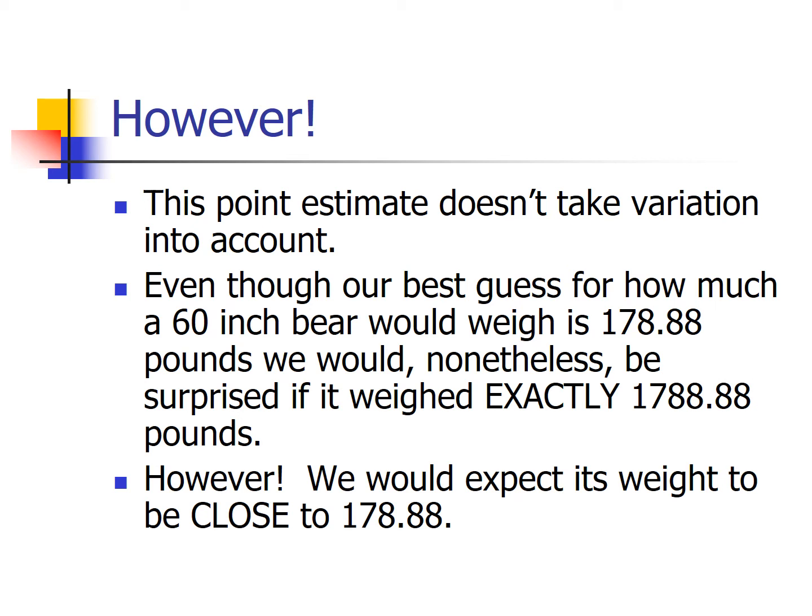Nonetheless, we do expect our point estimate to be very close. That is, we'd be surprised if the bear weighed exactly 178.88, but we do expect it to weigh close to 178.88. And so the question becomes, and this is always the question that motivates confidence intervals, well, how do we quantify that closeness?